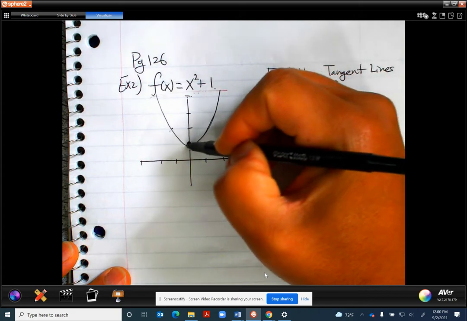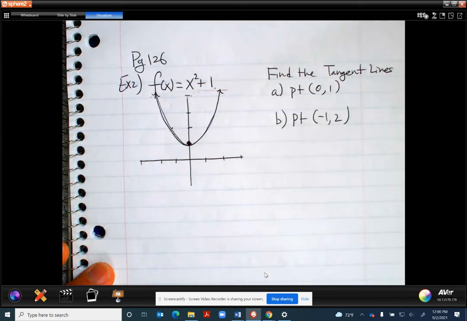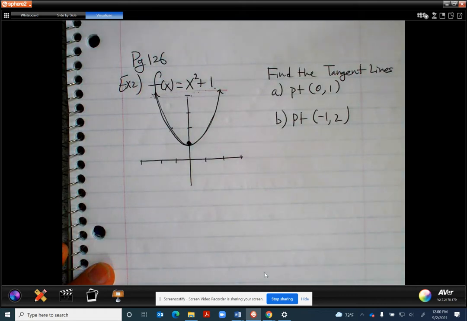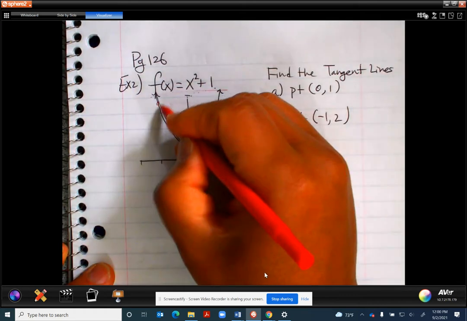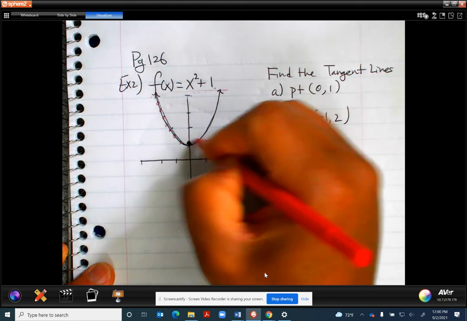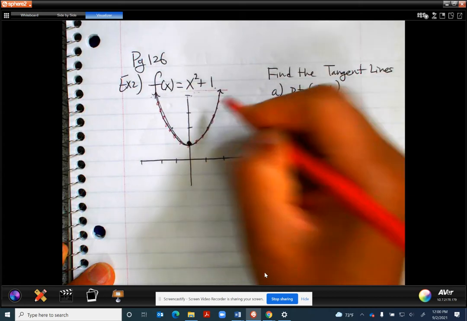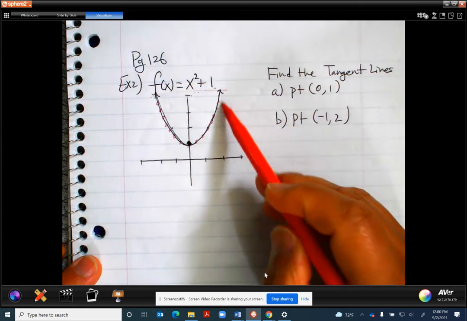Don't copy, just pay attention. Alright, do you see this parabola? And then with the red marker, you know we have a whole bunch of points here. It's just invisible, but we have a whole bunch of them along the curves.